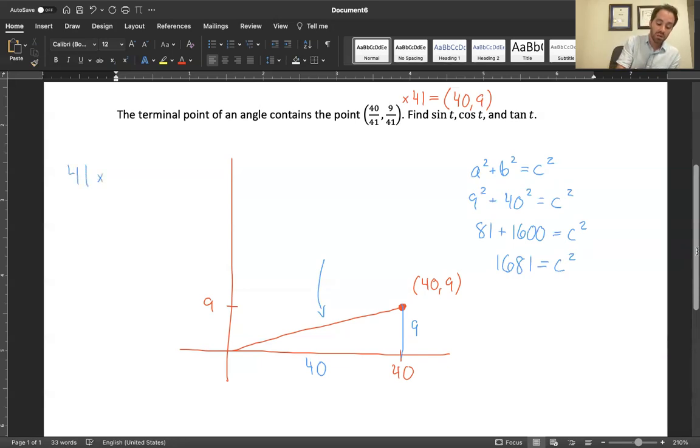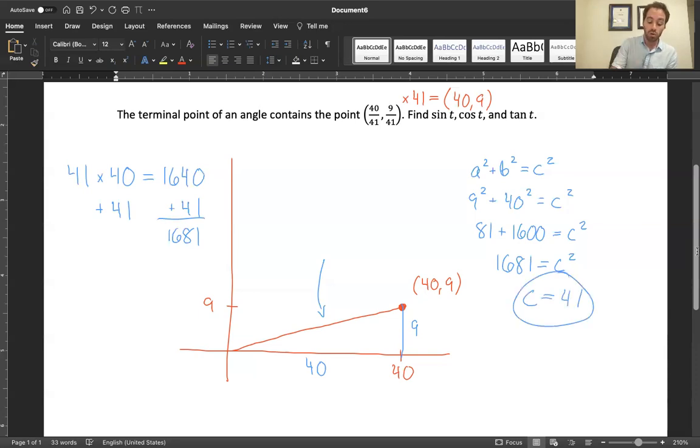To see this, think of 41 times 40, and then plus one more copy of 41 is the same as 41 times 41. 41 times 4 is 164, and then tack a 0 on the end. Plus 41, that's 1681. So this right here means that c is equal to 41.